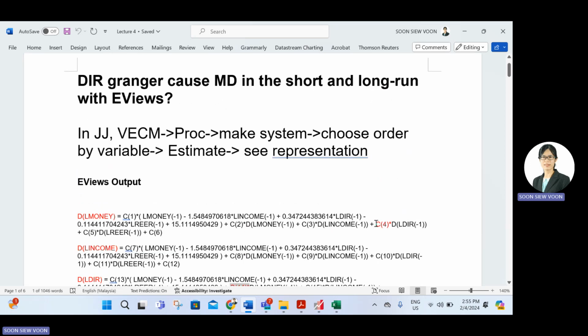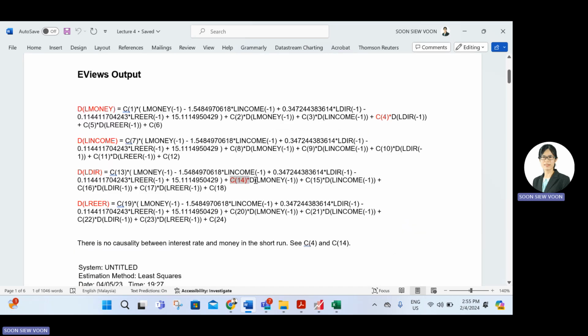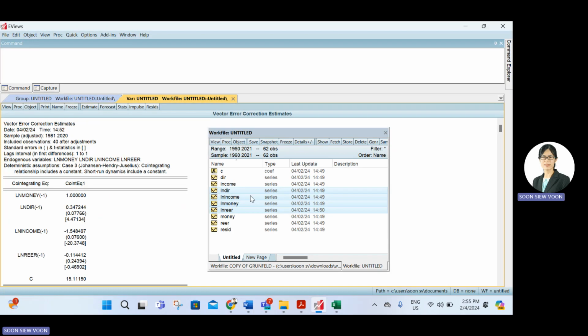So what is the test I'm going to use? Actually, it's just the t-test to see whether C4 is significant or not, and whether C14 is significant or not in equation number 3 here. So this is the VEC; if we represent it as a system, this is a vector error correction model.